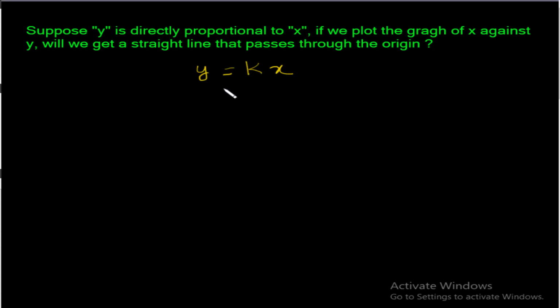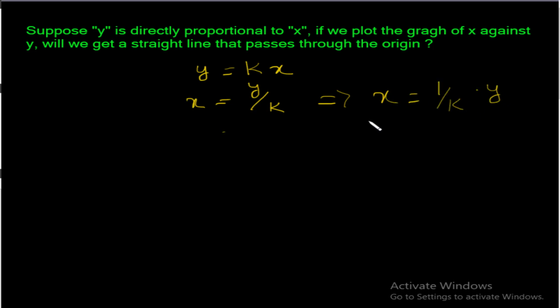Rearranged to express x in terms of y, dividing by k on both sides, x = (1/k)y. So this tells us that x is directly proportional to y with a constant of proportionality 1/k.